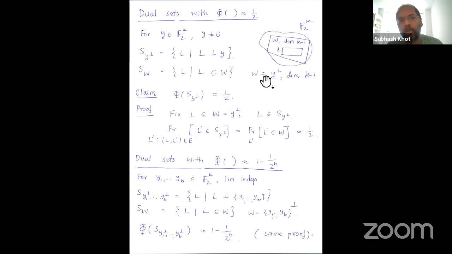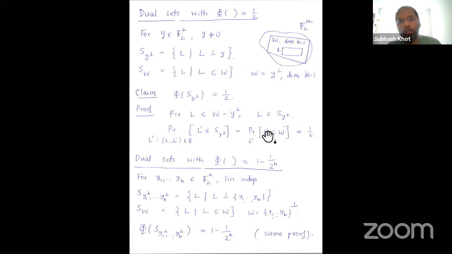If the dimension of W is k minus 1, then S sub W would be all L's which are completely contained in W. And again, the expansion of this set would also be 1/2, because if L is completely contained in W, and then you try to move from L to L prime, what's the probability that L prime is also contained in W?